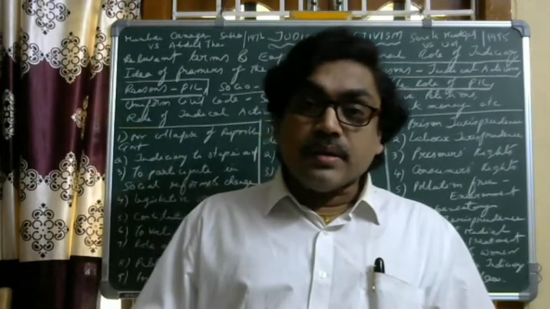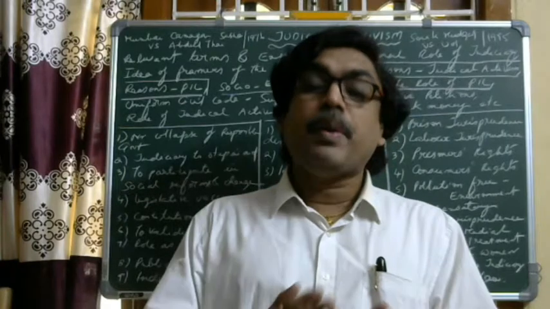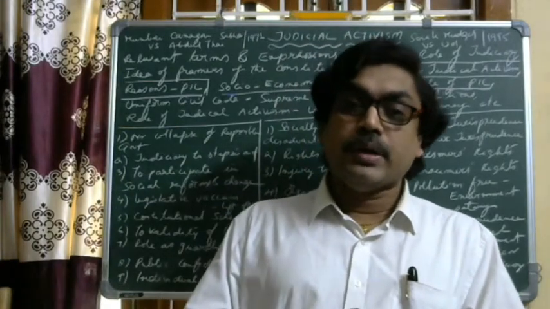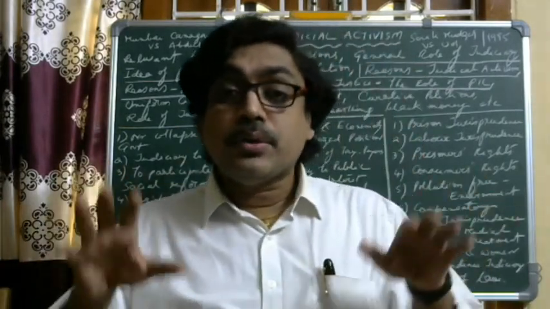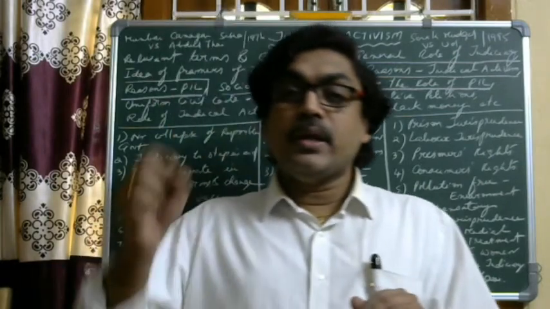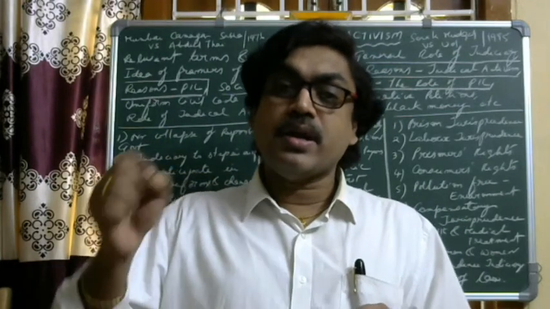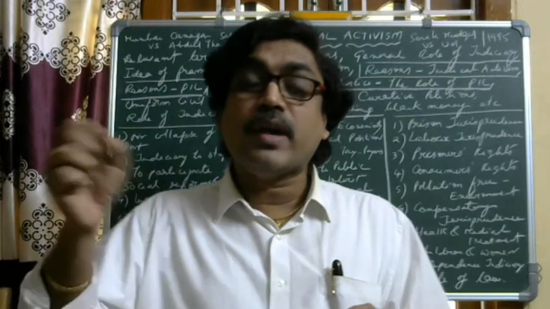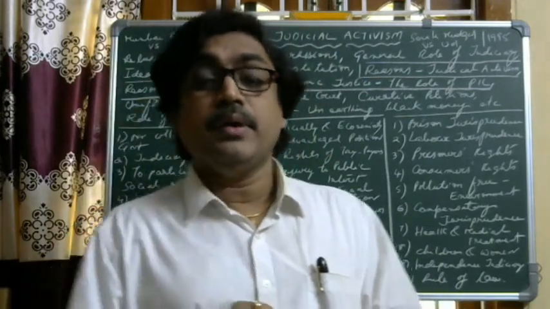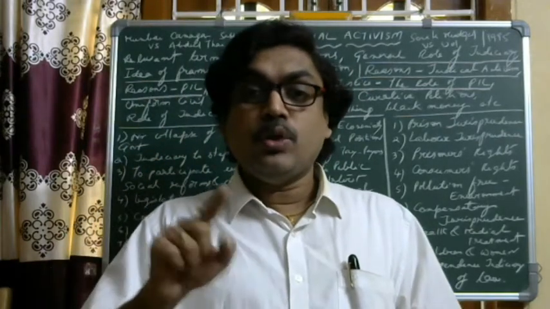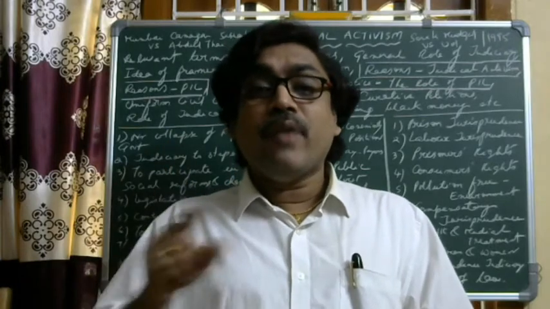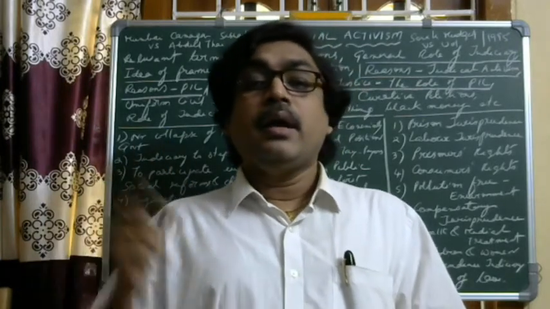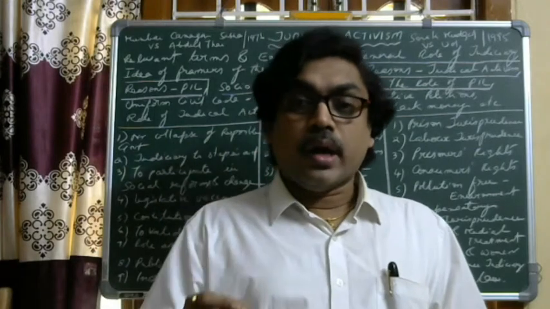Rupa Ashok Hura versus Ashok Hura, the Supreme Court introduced the curative petition. According to this curative petition, if any error, violation of law, or violation of fundamental rights is observed, it is to be certified by a senior advocate on record.